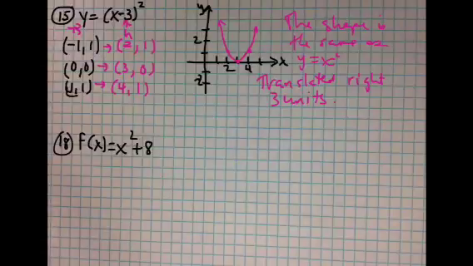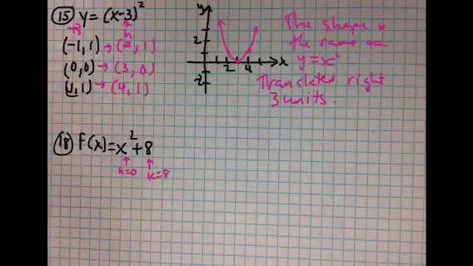So for number 18 through 30, they want you to find the vertex, describe the graph, and then use a graphing calculator to verify your answer. So first off, I'm going to take this as if it were in vertex form. So right here I would say h is 0, and here k is 8.